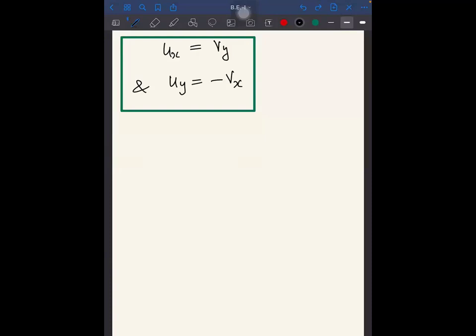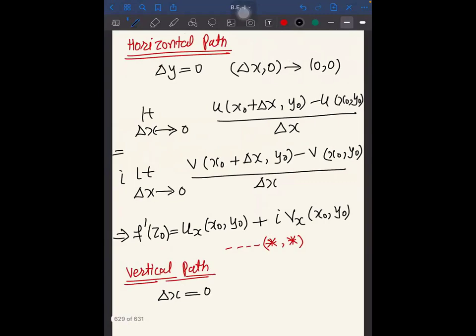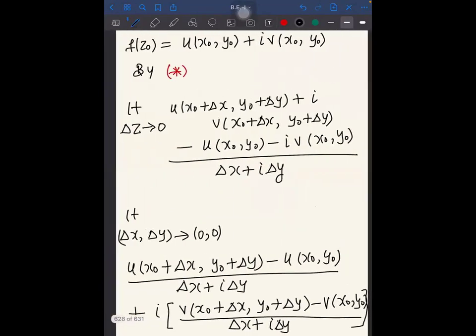So we can say that these two conditions are necessary, but they are not sufficient. Let's try to understand it pictorially, right? So let's say this is your point Z0, and you have chosen a circular neighborhood around it. The function f z is said to be differentiable at Z0 if this limit exists.